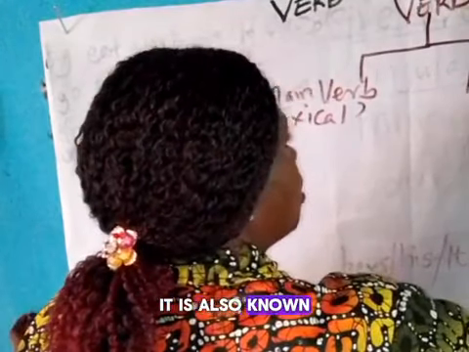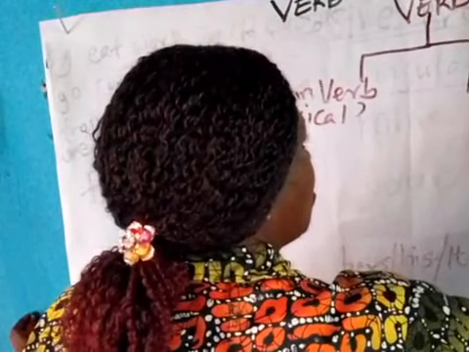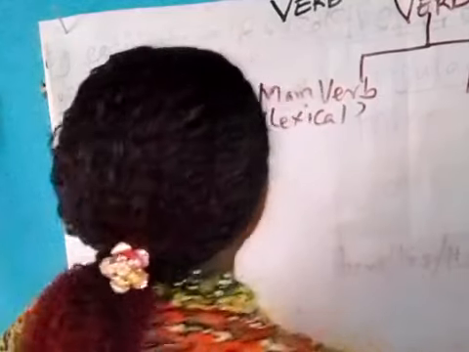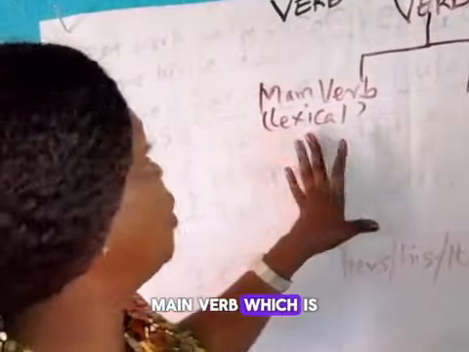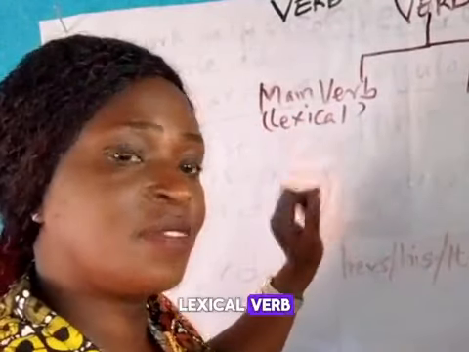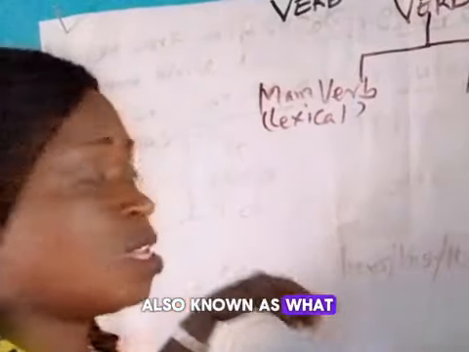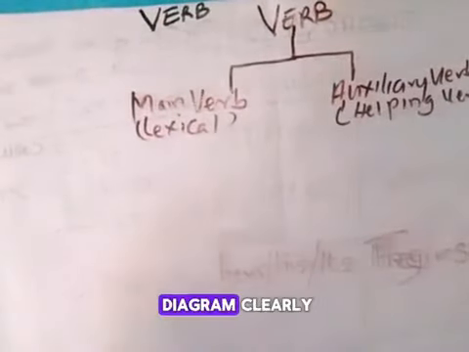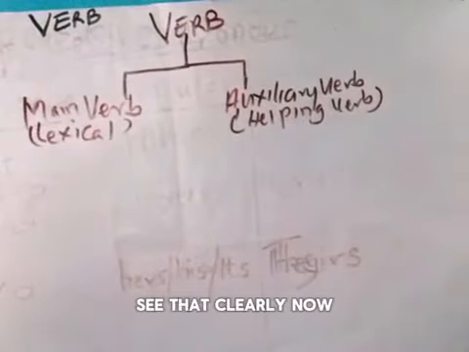It is also known as the helping verb. I'd like to put that in brackets. Main verb, which is also known as the lexical verb. The auxiliary verb is also known as what? The helping verb. So you can see the diagram clearly.